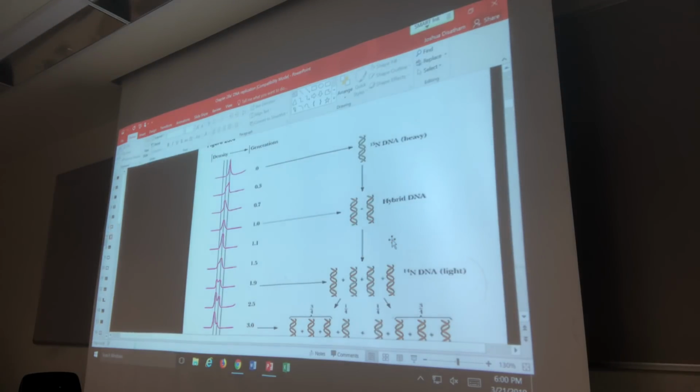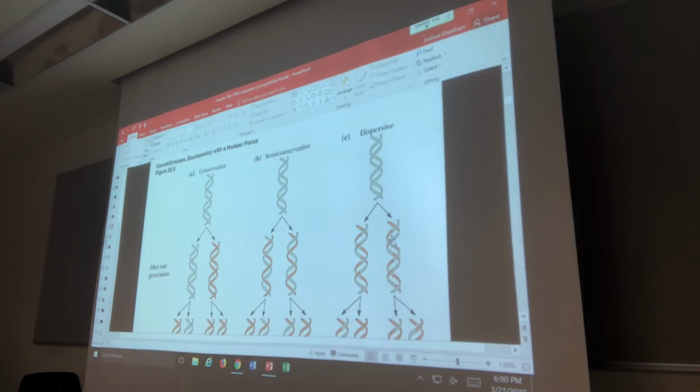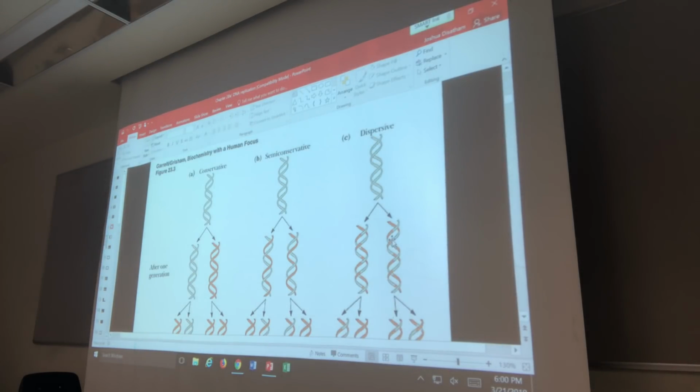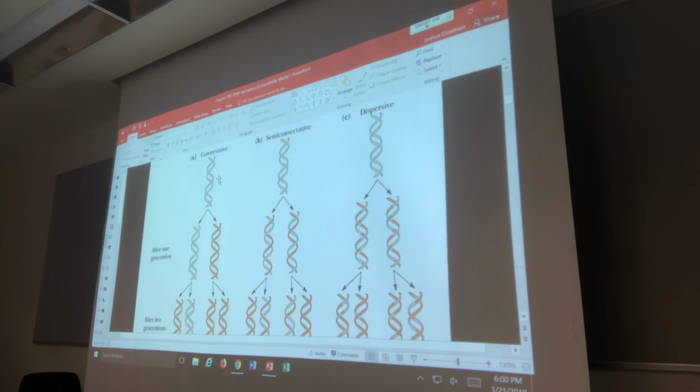I will have to draw this, so I'm going to have to flip back and forth from the slides. So let's see what it would look like if we did conservative replication. With conservative replication, with zero rounds of replication, all we have is DNA composed of nitrogen 14.